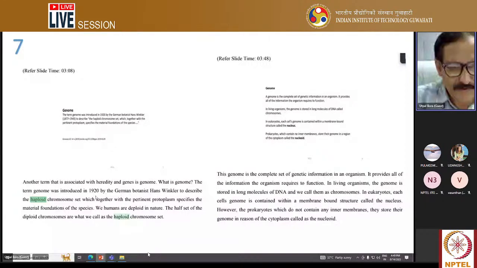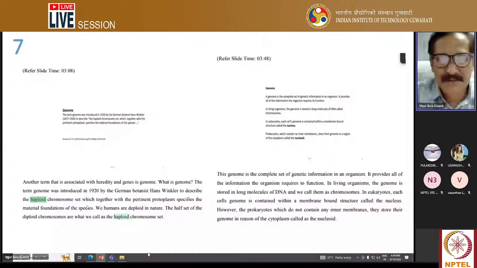He used this term genome to describe the haploid chromosome set, which together with the pertinent protoplasm specifies the material foundation of the species. We have added later on that we humans are diploid in nature. Half of the diploid chromosome set is what we call the haploid chromosome set. We are not telling that this is the full human genome.